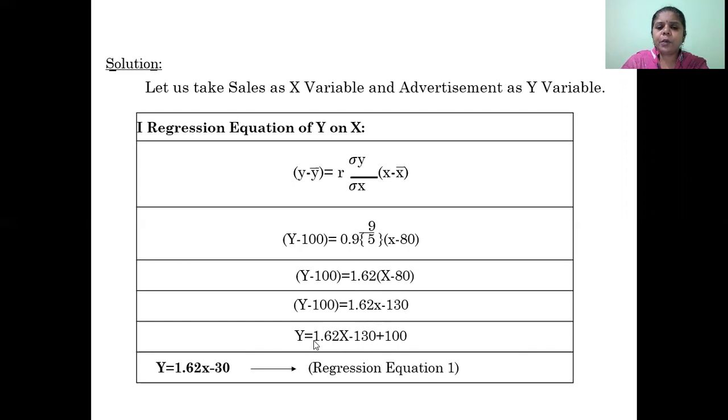So y is equal to 1.62x minus 130 plus 100. Minus into plus becomes minus, so minus 30. So we get y is equal to 1.62x minus 30. That is the regression equation y on x.